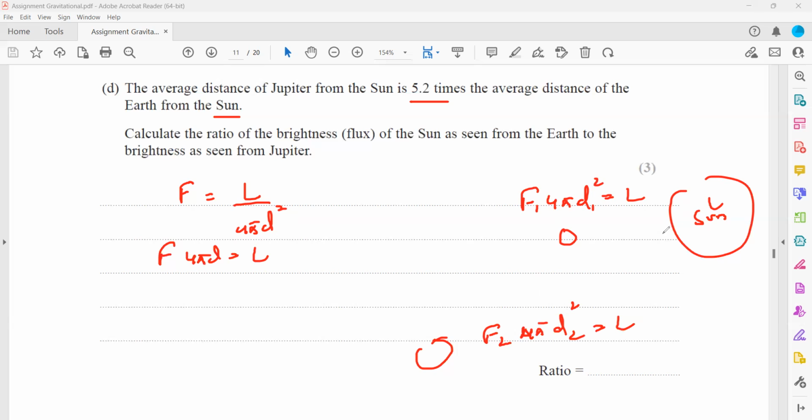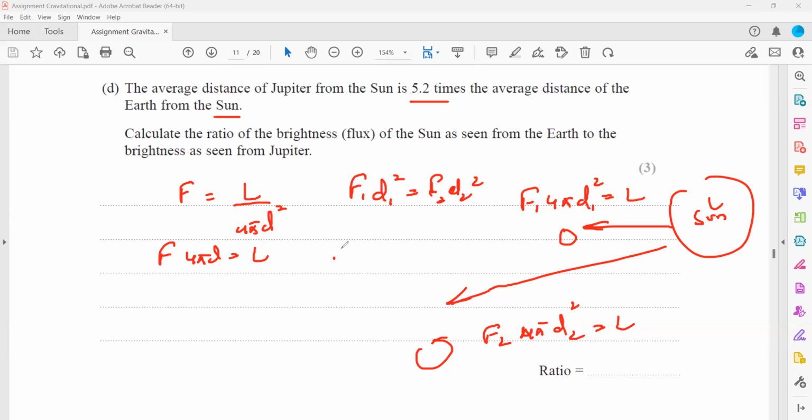Both are receiving energy from the Sun, so the luminosity is the same. Comparing the two equations, F1 4 pi d1 squared equals F2 4 pi d2 squared. 4 pi cancels with 4 pi, so F1 d1 squared equals F2 d2 squared.